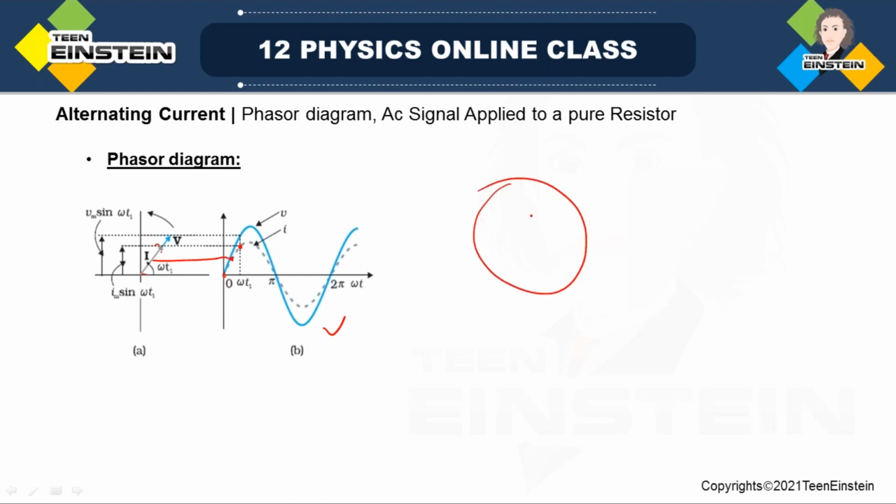That means what I'm trying to say, as I have shown in the previous case, if I have a phasor vector here, you take the vertical projection over here. So this is the value, suppose. At 0, this is another value. You take here, so up to here, this has another value. At this 90 degree, it has the highest value, maybe here.